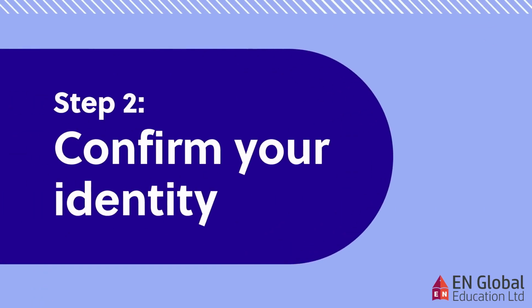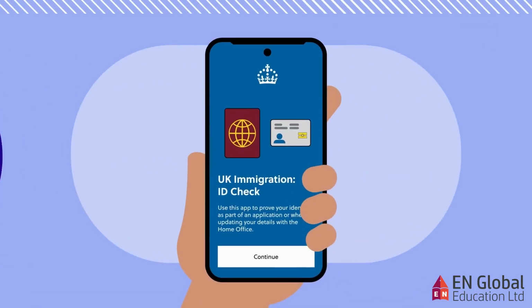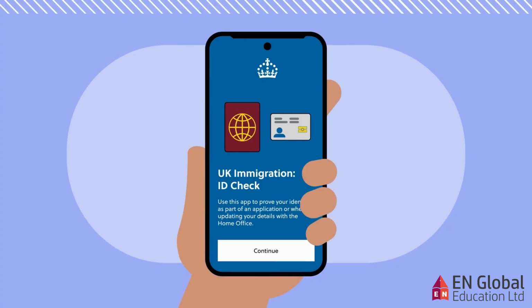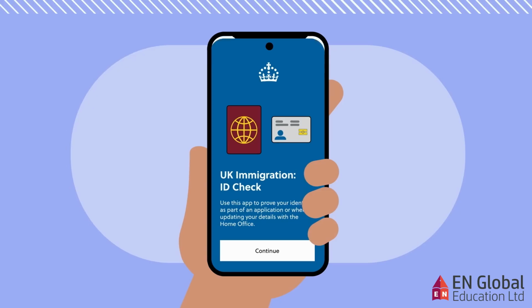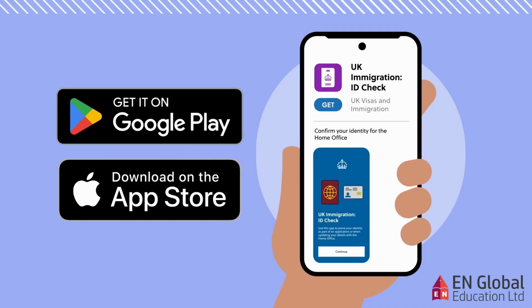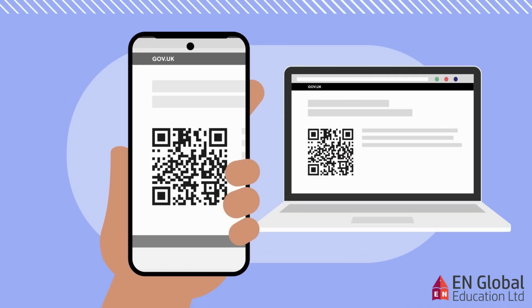Step 2. Confirm your identity by using the UK Immigration ID Check app and following the instructions. If you are using a computer, laptop, or tablet, you will need to download the app on a smartphone and use the smartphone's camera to scan a QR code.